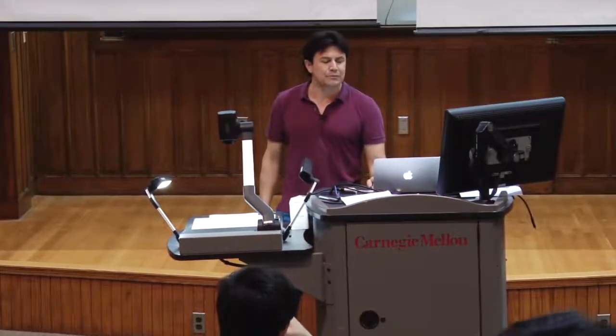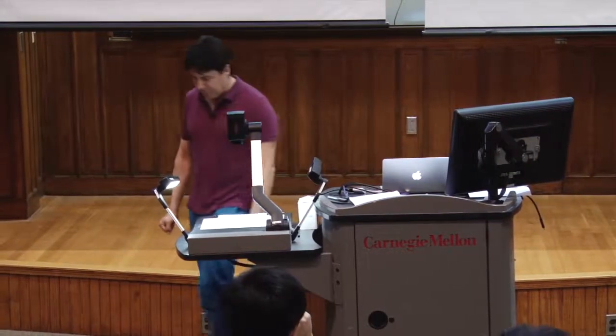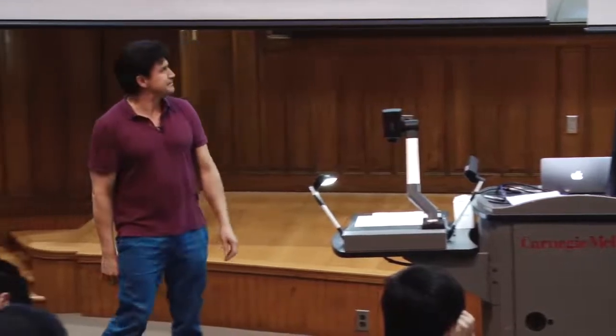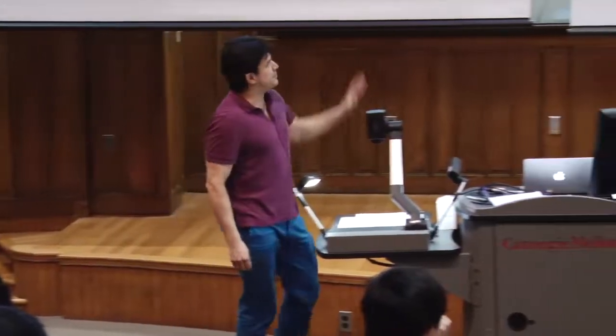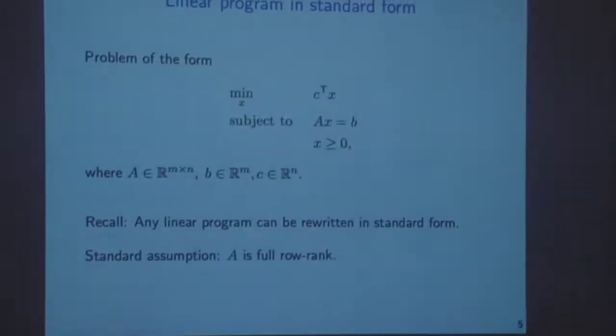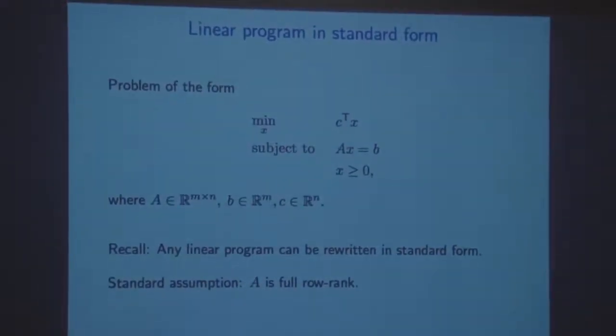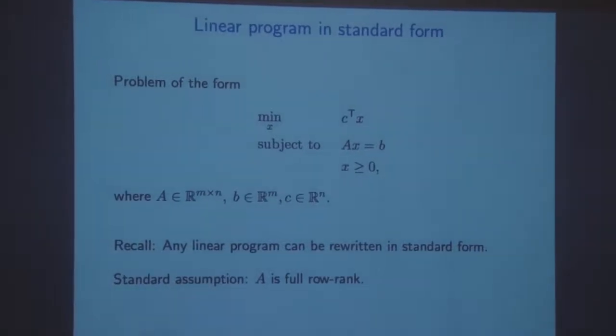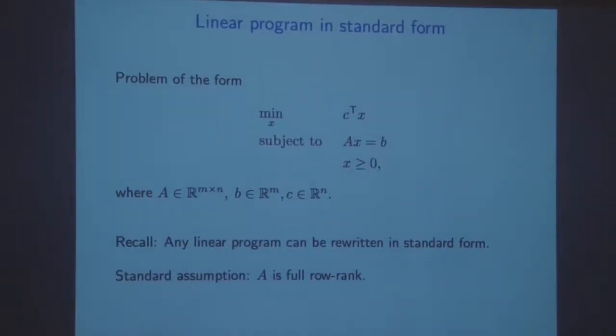So let me start by recalling linear programming and linear programming duality. Okay, so remember, a linear programming standard form is that type of problem. So it's a convex optimization problem where we have a linear objective.